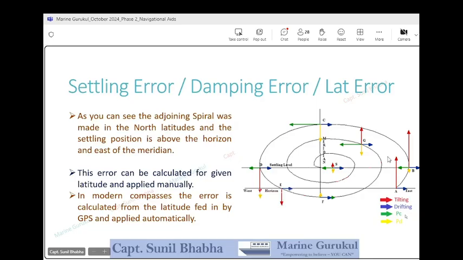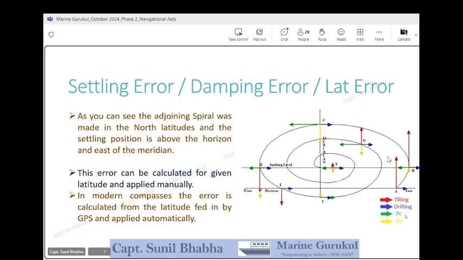There were two big knobs fitted somewhere in the chart room, and the duty officer was required to set those knobs to the actual latitude of the ship and the actual speed which the ship was doing. Once the knob is put into the particular latitude, there is a software inside the gyro which calculates the damping error, and then it applies that damping error and counteracts it, and the readings which are shown to the navigator are the corrected figures.